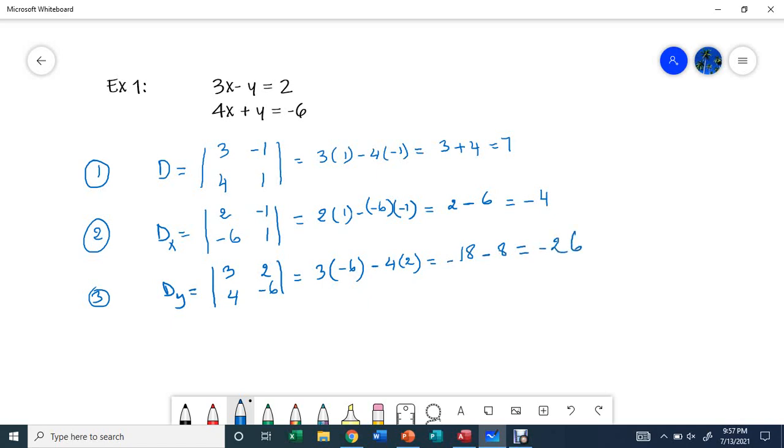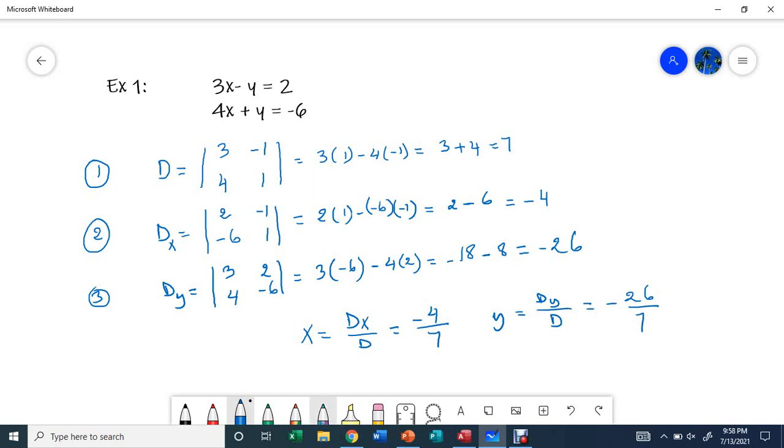And now I have x is Dx over D. So Dx is negative 4 and D is 7. So we get negative 4/7. And y equals Dy over D, so negative 26/7.